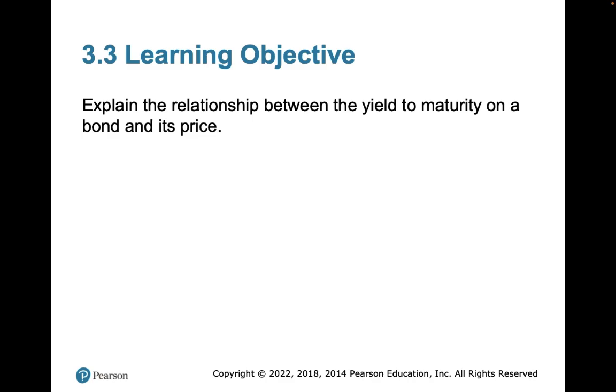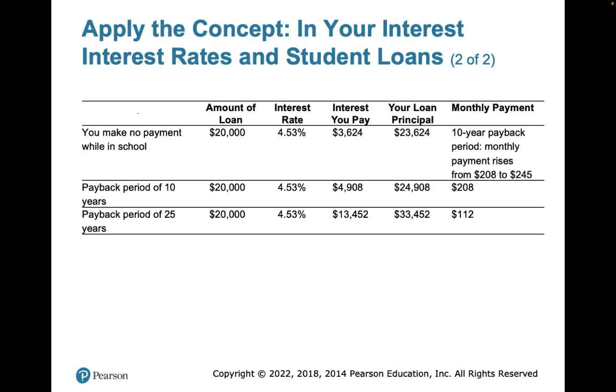Usually the banks that give these student loans actually advise the students on which option best suits them at that point in time. Some will probably go for this 10 years pay period, and some will go for the payback period of 25 years.